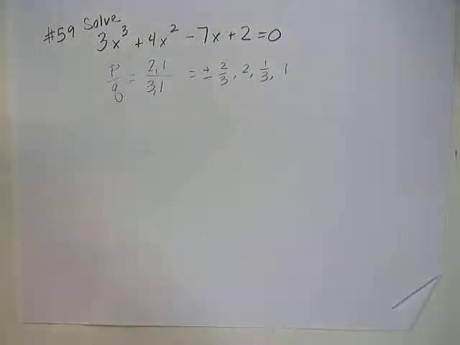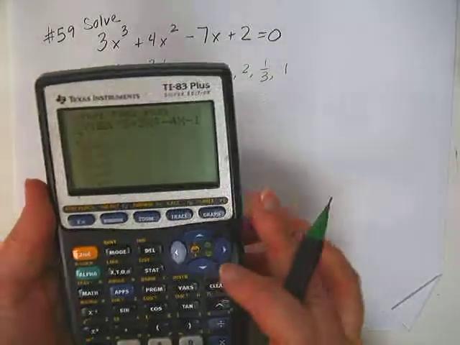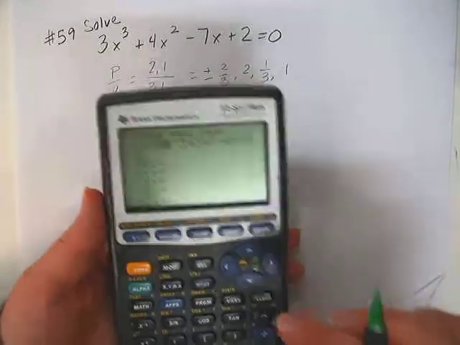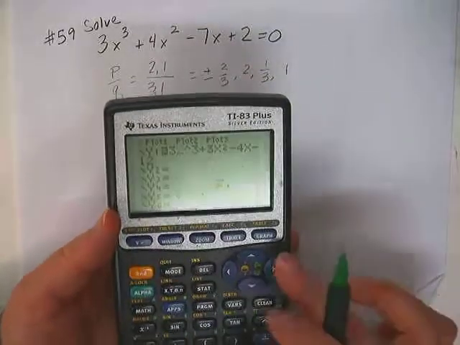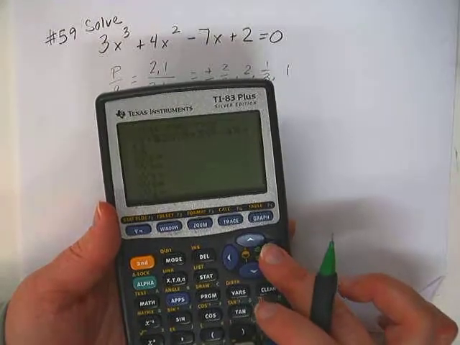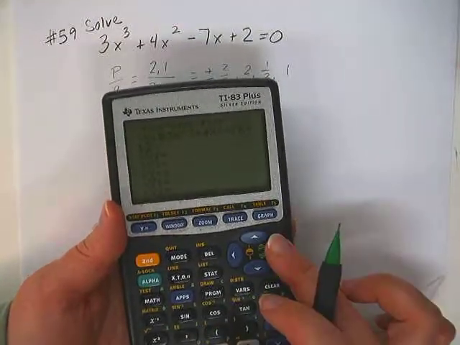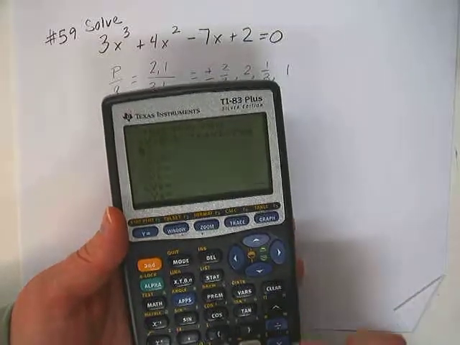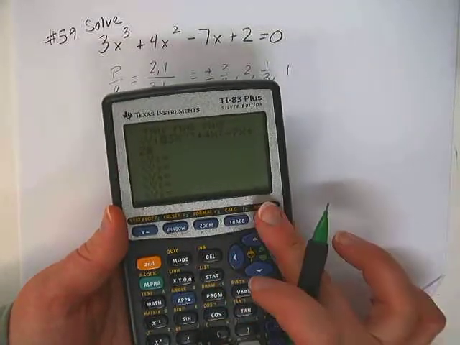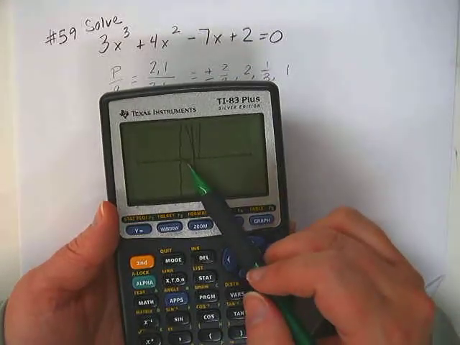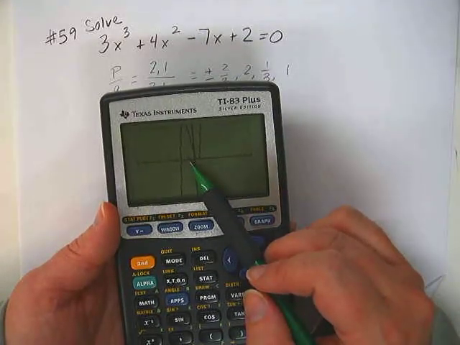But if you don't want to try it 8 times, instead you can quickly graph and just check where those x-intercepts are actually going to be. So we plug it in the calculator. 3x cubed plus 4x squared minus 7x plus 2. Graph that.